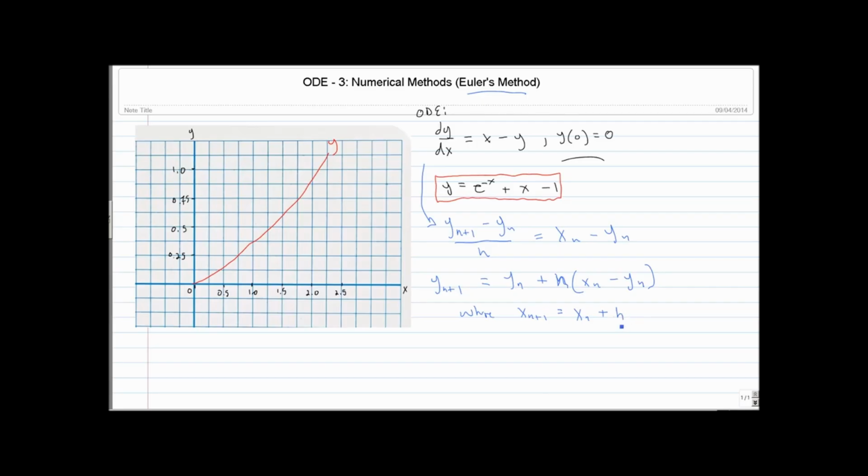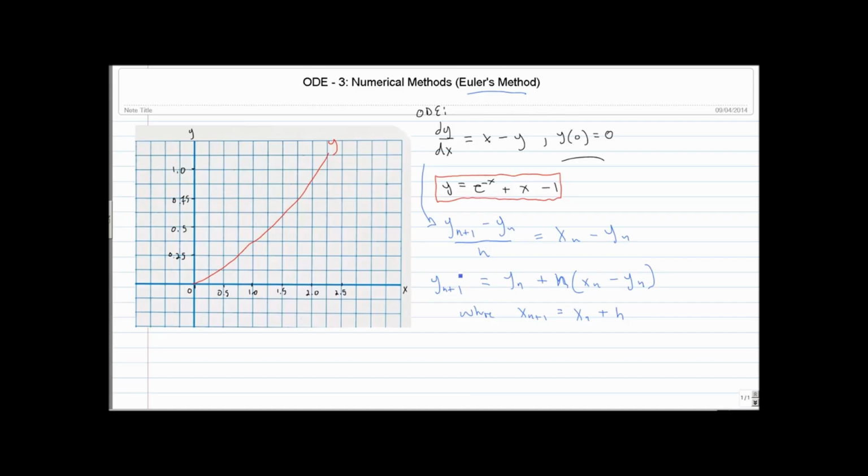So we can set h to be as big or as small as we want to, and it's pretty obvious that the smaller h gets, the smaller your step sizes are along the x-axis, so the more accurate your numerical approximation is going to be.